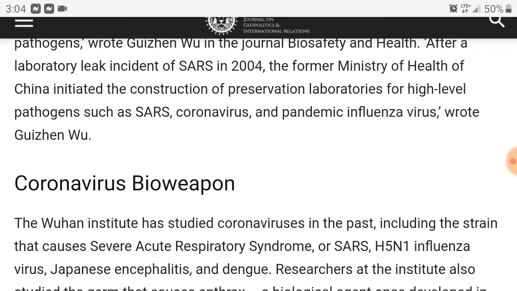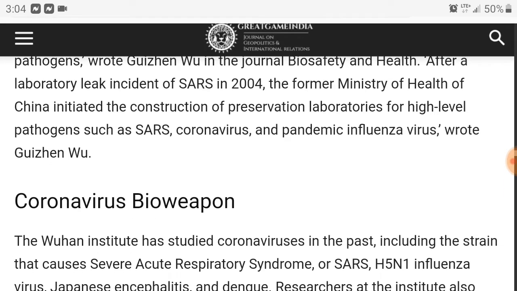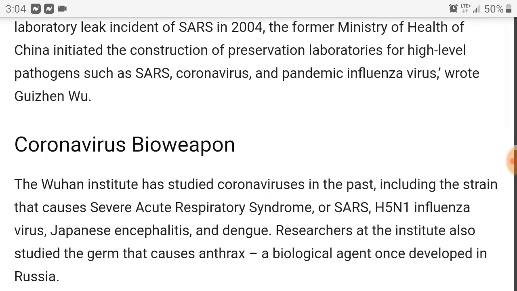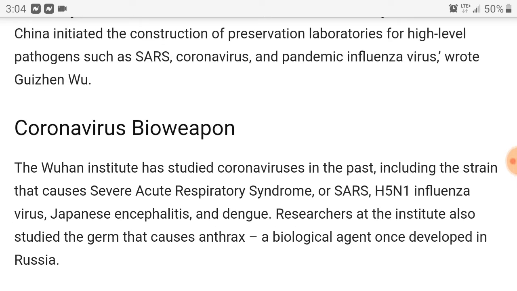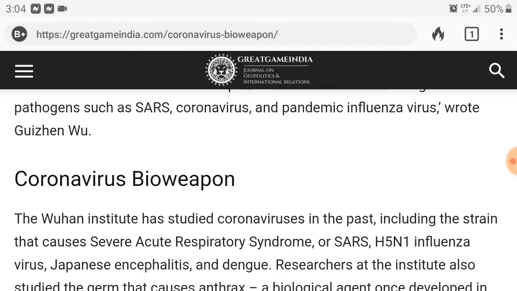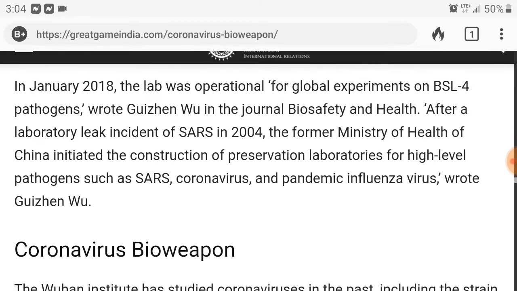So after a laboratory leak incident of SARS, which is the coronavirus, in 2004, the former Ministry of Health of China inhibited the construction of prevention laboratories for high-level pathogens such as SARS, coronavirus, and epidemic influenza virus. Okay, so like I said, there was another outbreak.